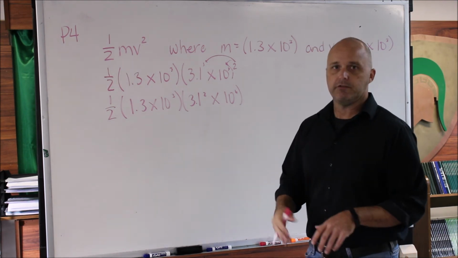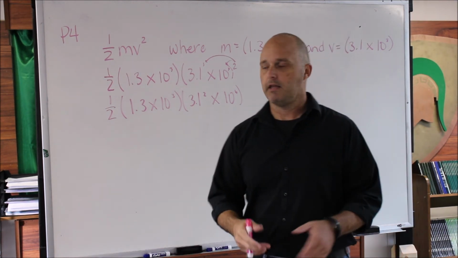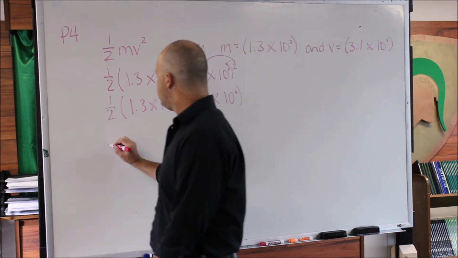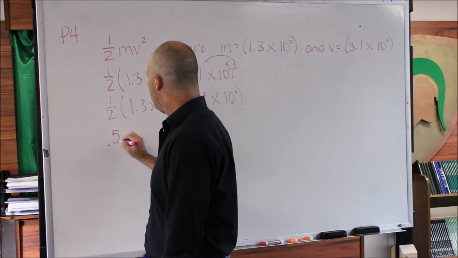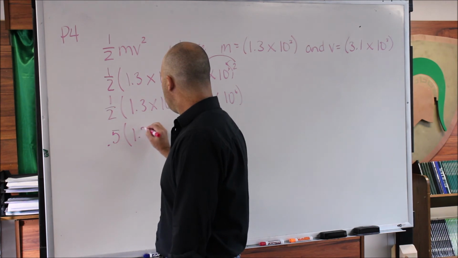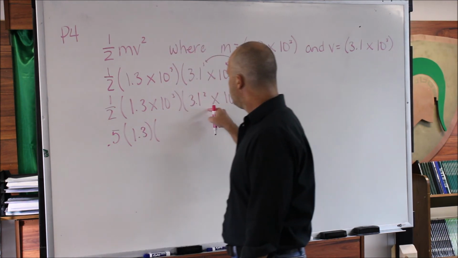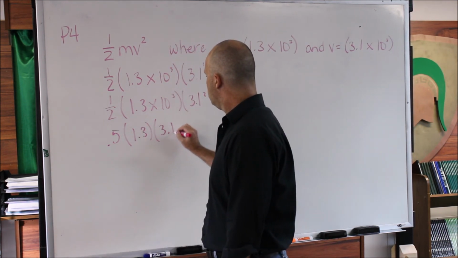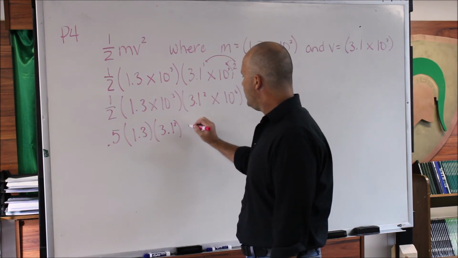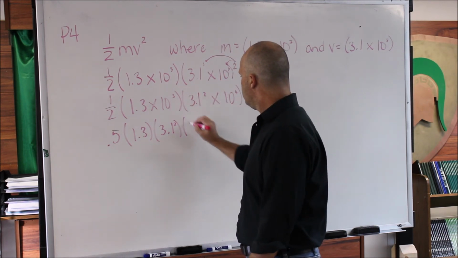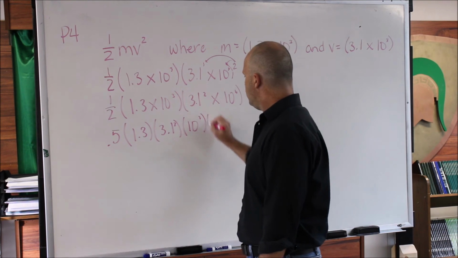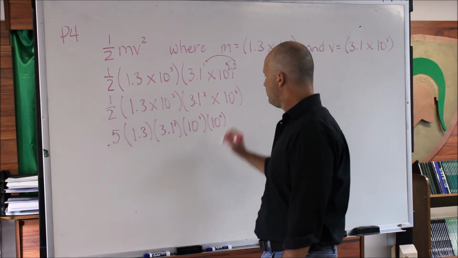Now what I would suggest to you is anything that looks alike, go ahead and get it together. So this 1/2 is the same thing as saying 0.5, so we can go 0.5 times 1.3 times 3.1 squared times 10 to the third times 10 to the 6th. Okay?